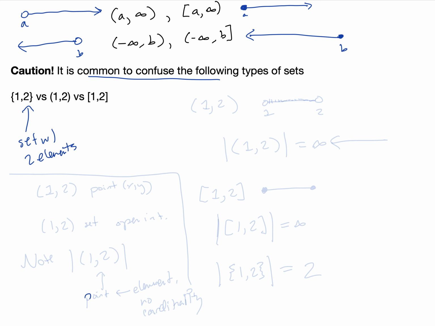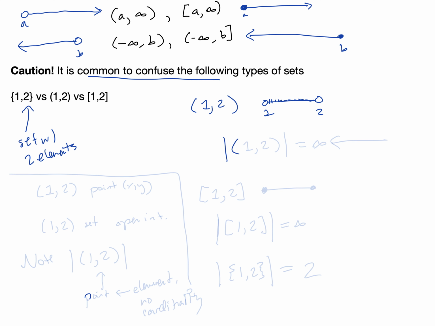Braces indicate just a regular set, so that's a set containing the element 1 and the element 2. If these other two expressions indicate sets, then (1, 2), as we saw before, is the open interval containing all values between 1 and 2.